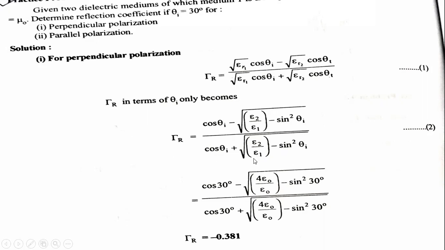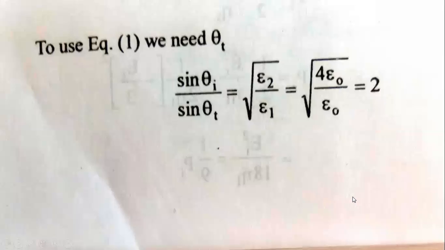Similarly, cos theta I plus root of the same sine square theta I. Substitute the value of cos theta I at 30 degree, and sine theta I is again 30 degree. So in this way you can calculate the reflection coefficient as minus 0.381.